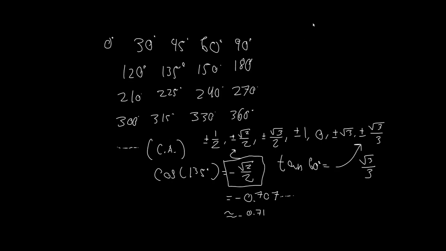All right, so I'll give you two scenarios. Let's just say I have tangent 60 degrees. I can rewrite this as tangent of 30 degrees plus 30 degrees, or maybe tangent of 90 degrees minus 30 degrees.